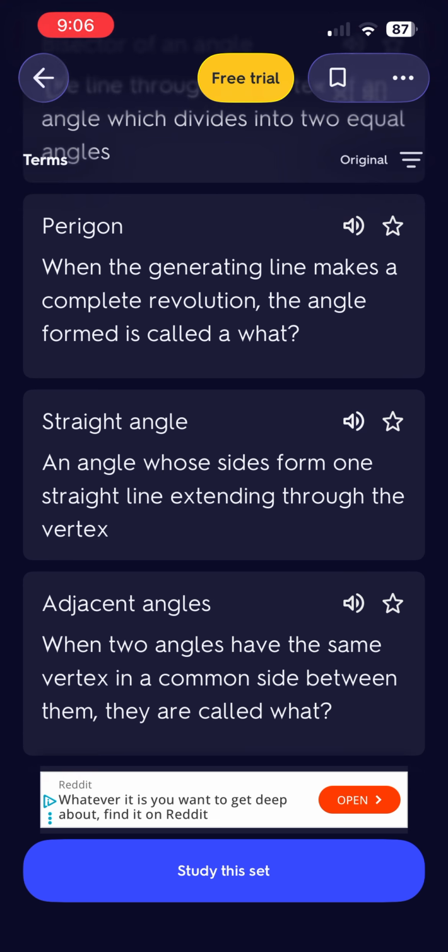Straight angle. An angle whose sides form one straight line extending through the vertex. Adjacent angles. When 2 angles have the same vertex and a common side between them, they are called what?